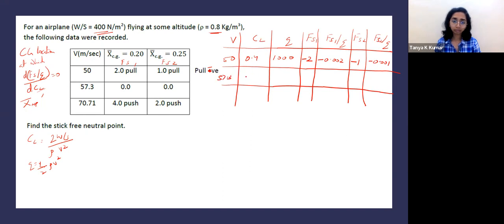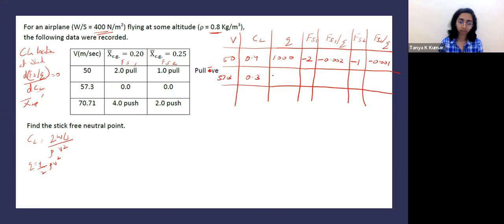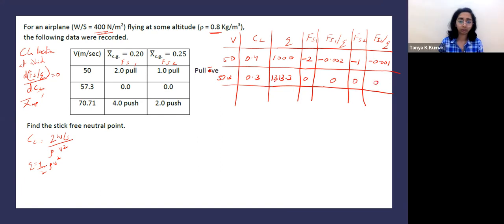57.3. How much will CL be? 0.3. Q. What is FS1 for this case? 0. Now for the last case, 17.71.